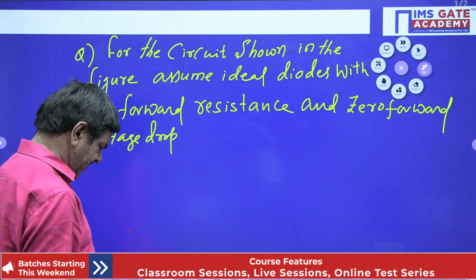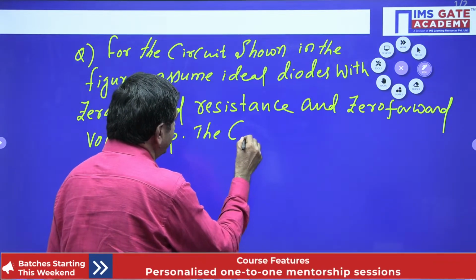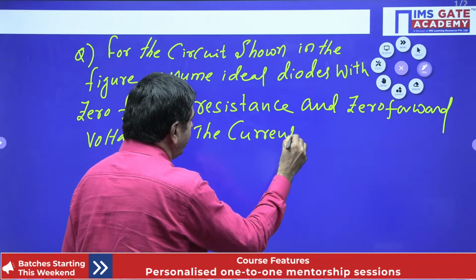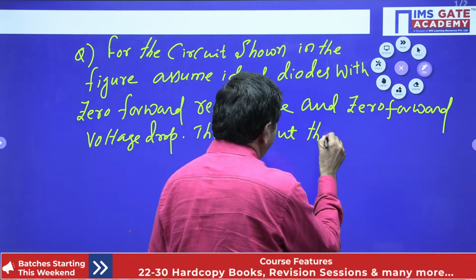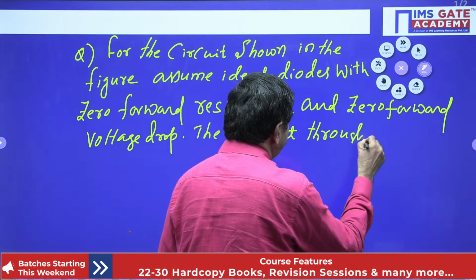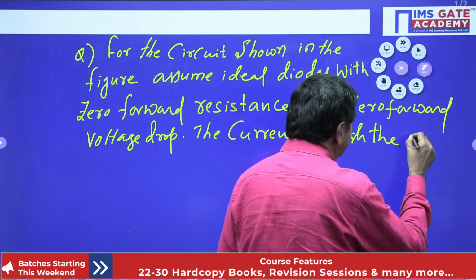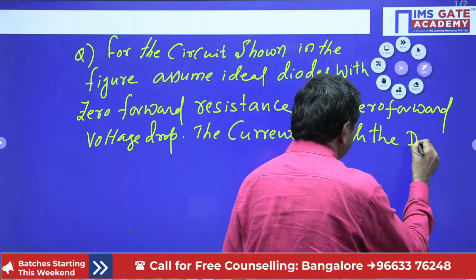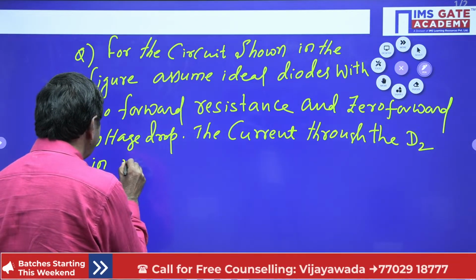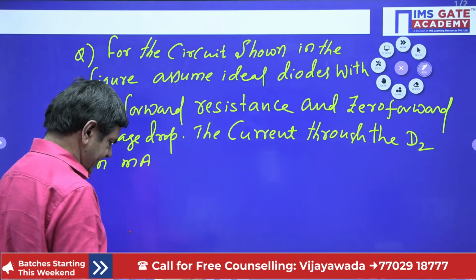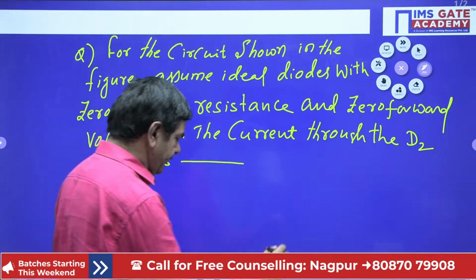The current through the diode D2 in milliamperes is dash.